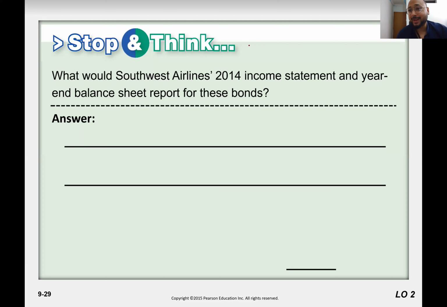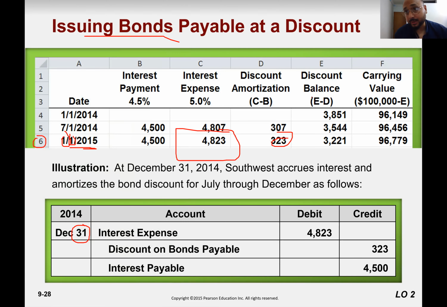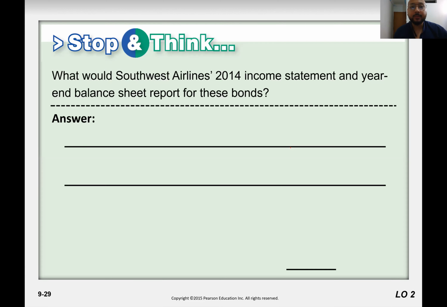Okay, class, welcome back after a short break. So we were discussing issuing bonds at a discount, right? We have this illustration: what would Southwest Airlines' 2014 income statement and year-end balance sheet report on the bond?